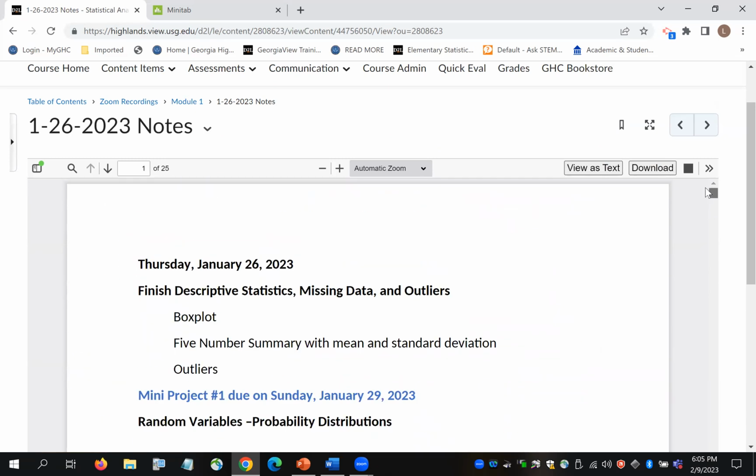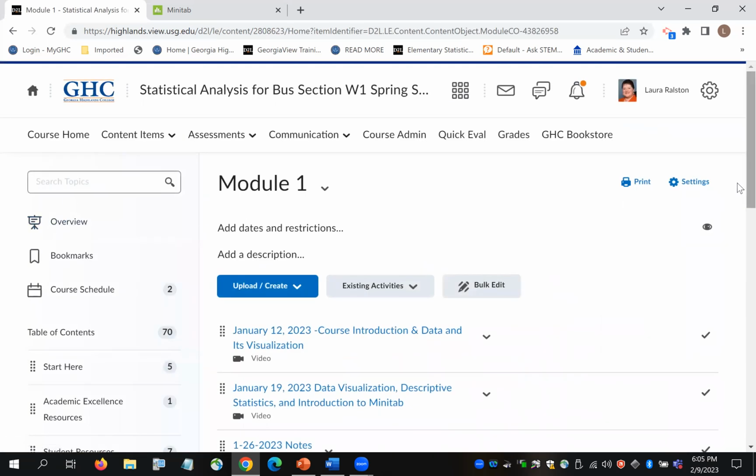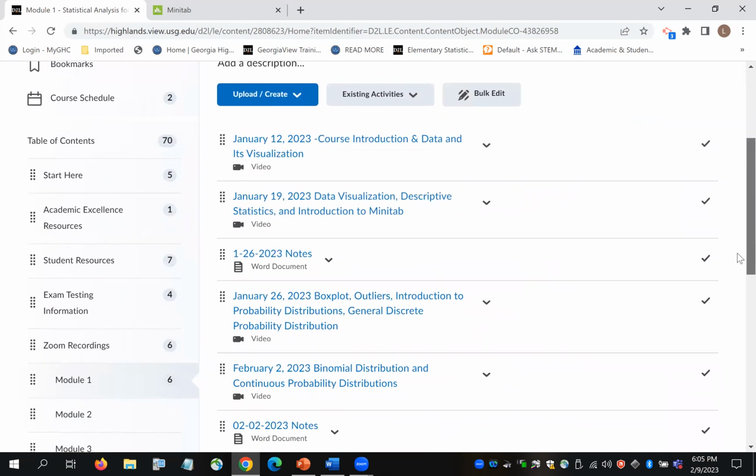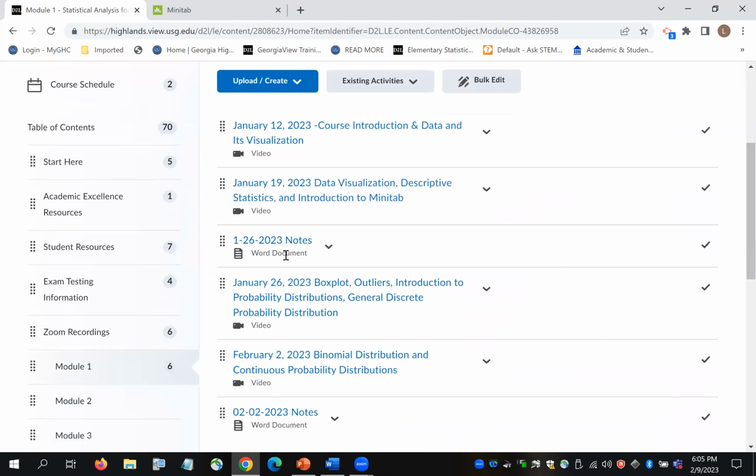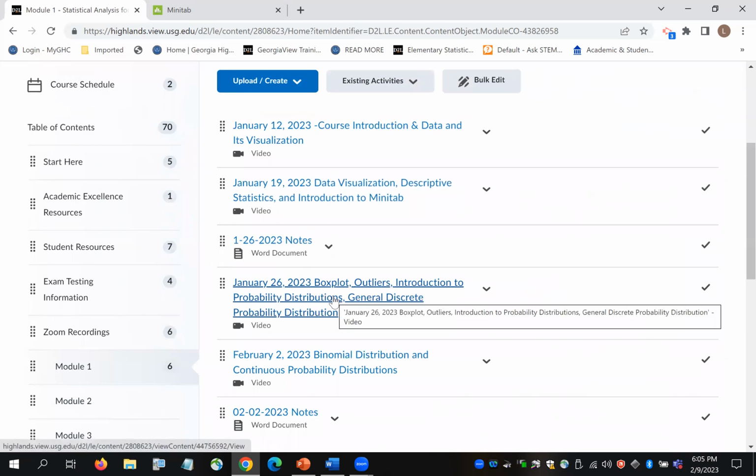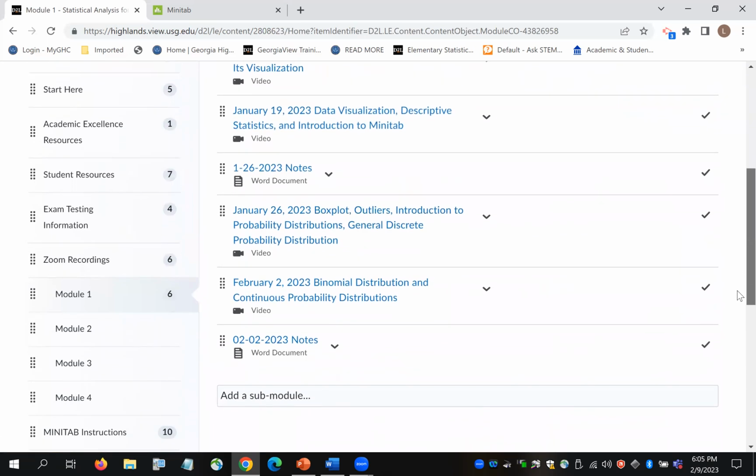Okay, so those notes are available. I try to label them with the date, and then it'll say notes, and they're in a Word document format, and then you have the corresponding video that goes with it.